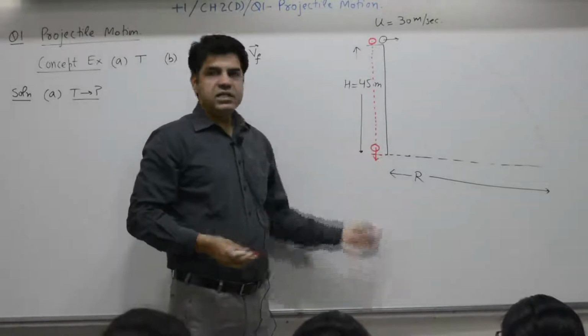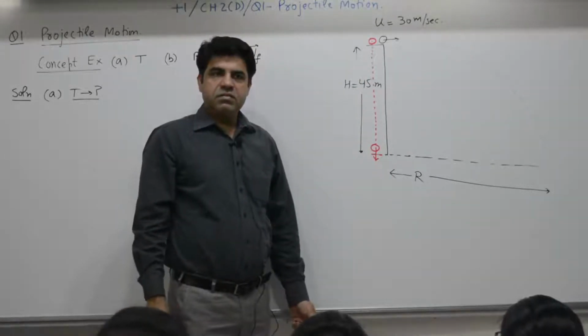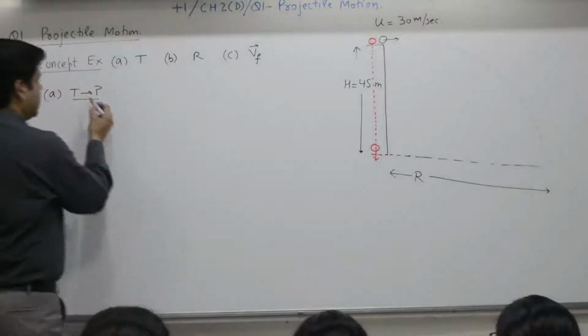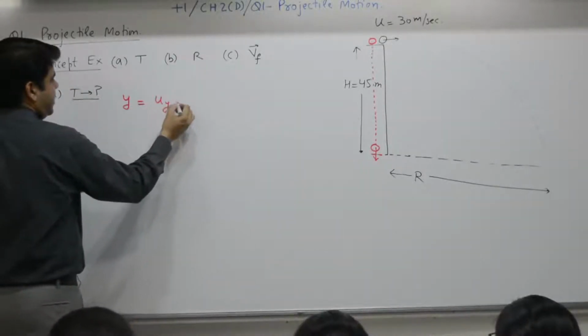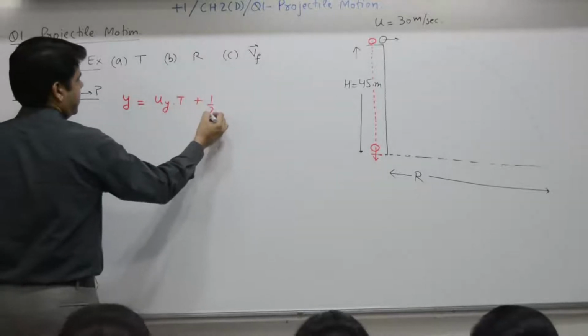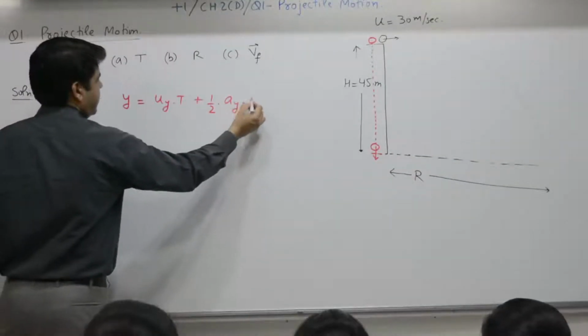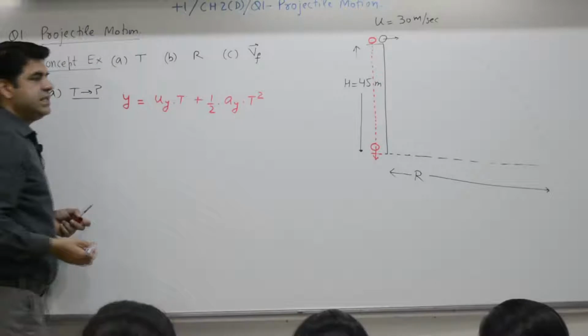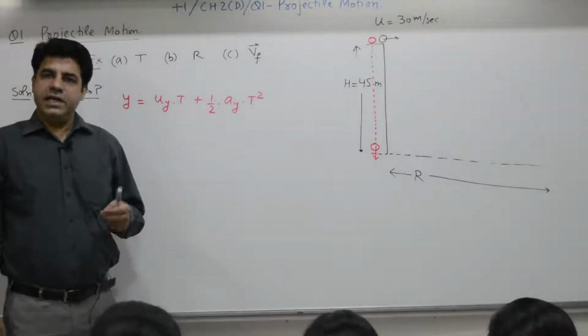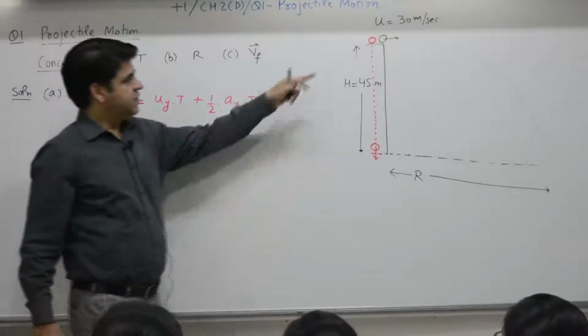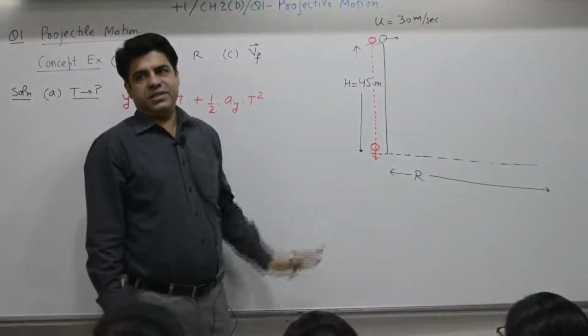For vertical analysis, y is equal to uy into t plus 1 by 2 ay t square. S is equal to ut plus half at square. Hint, apply this for this object.